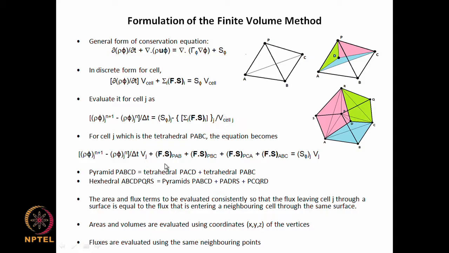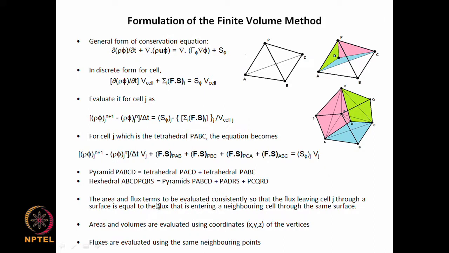In the evaluation of fluxes and surfaces for this PAB, if we make use of the same information for this cell and the neighboring cell in which this is shared, and the same formulas, then we can make sure that there is a consistent evaluation of flux. So the consistency is something we should do.